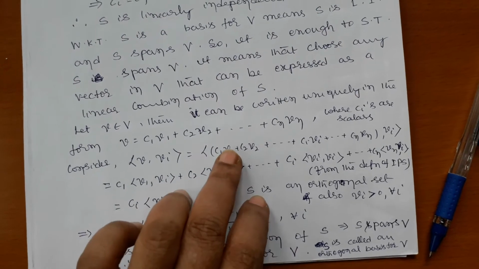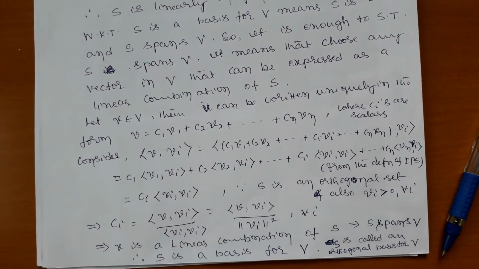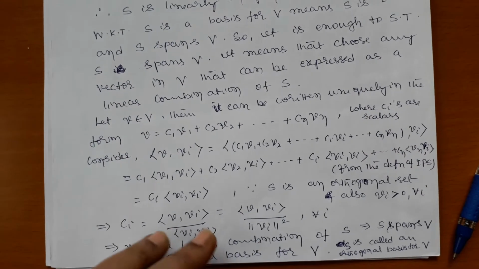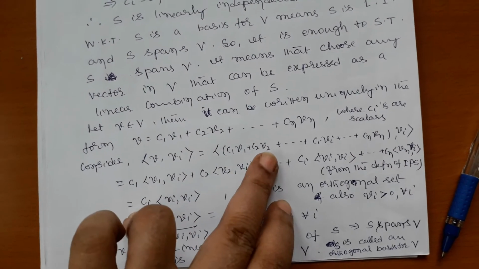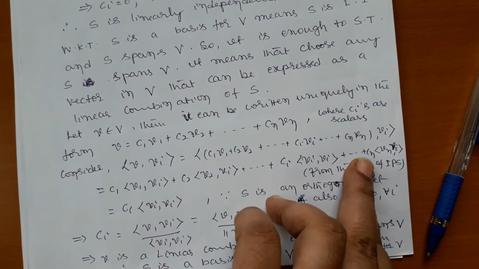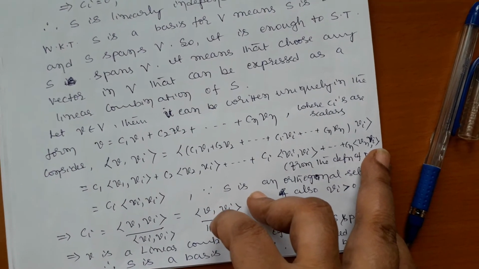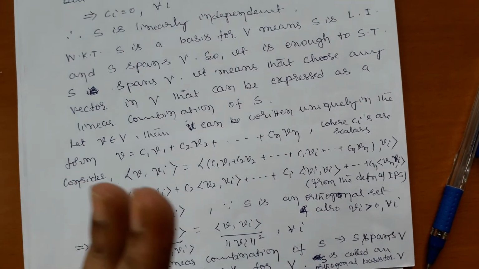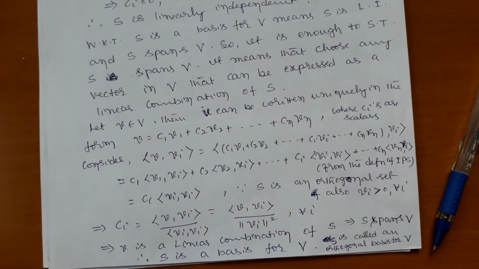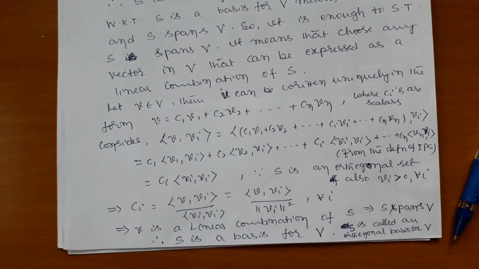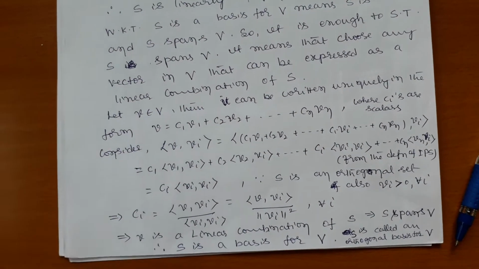Now we write c1 into the inner product of v1 comma vi, as we just discussed in proving linear independence, plus c2 into v2 comma vi plus etc. ci into vi comma vi plus etc. plus cn into vn comma vi. But you already know that v1, v2, etc. vn are linearly independent, and also these vectors are orthogonal vectors.